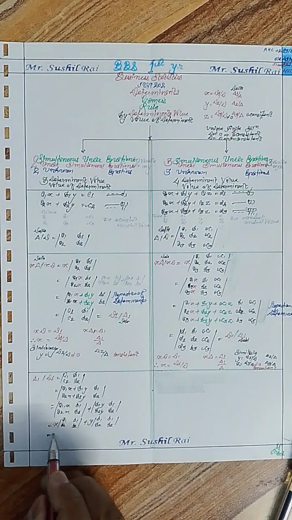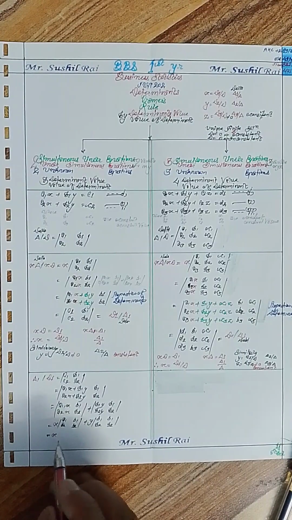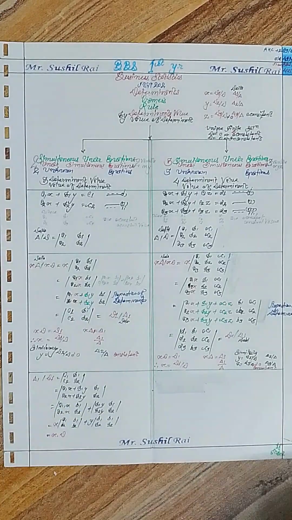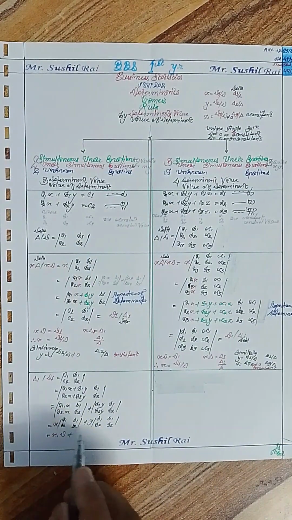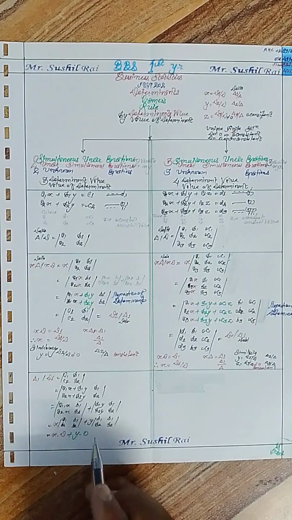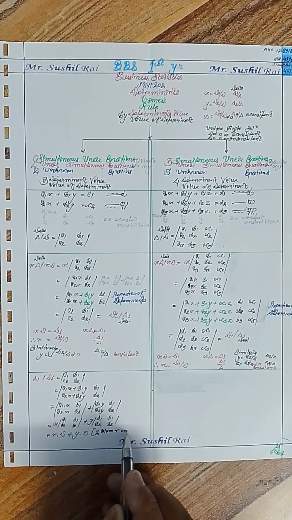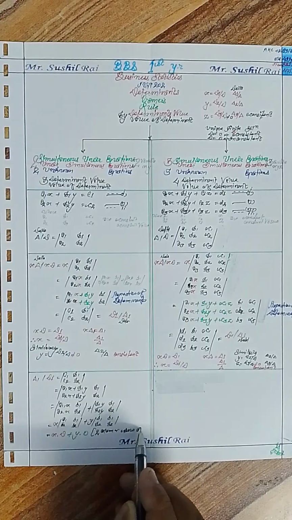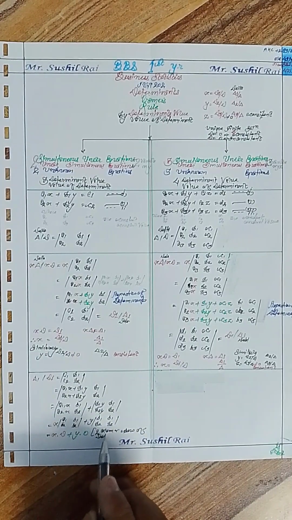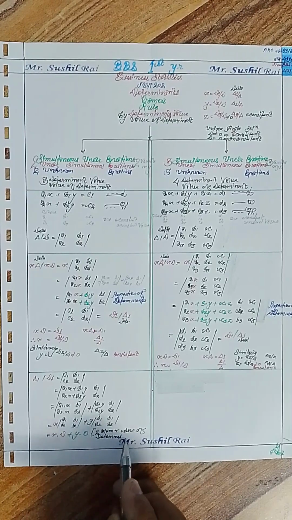That is x into D plus y into 0. Two columns or rows of the determinant are the same.